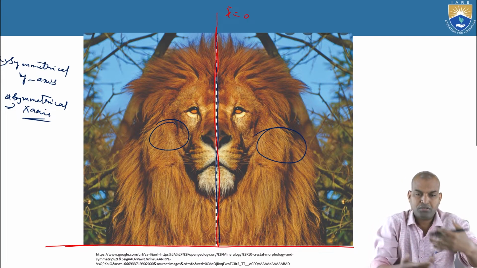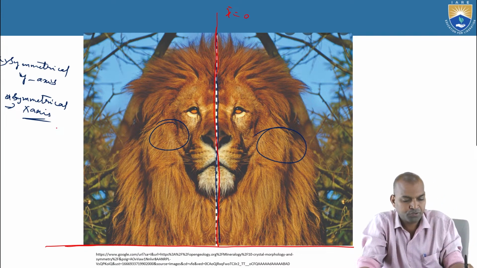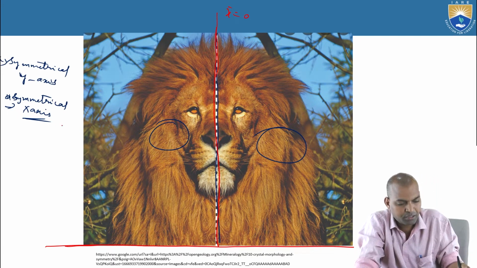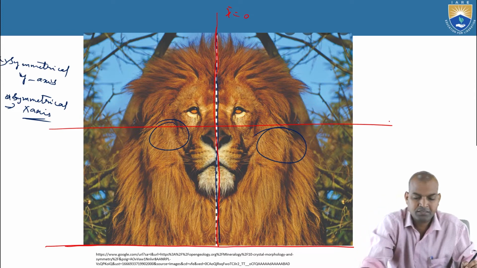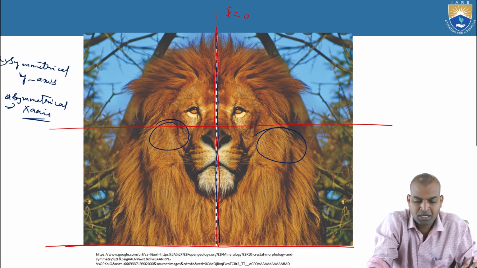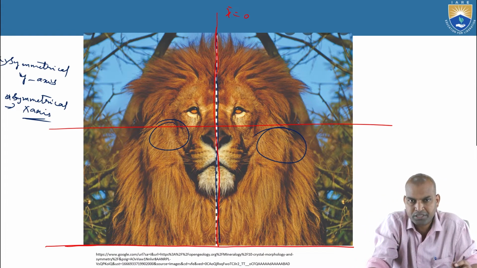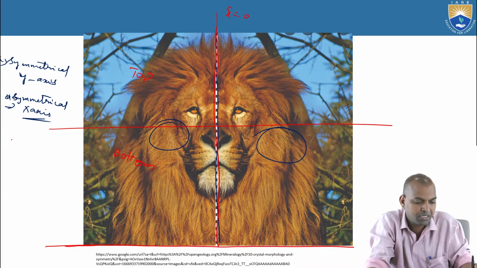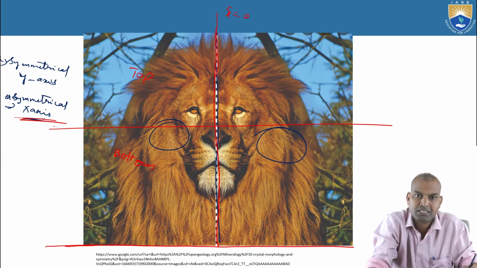If you fold this plane about the x-axis, it will be folded like that. Is the area geometry similar at the top and bottom? No, that's why it is asymmetrical about the x-axis.